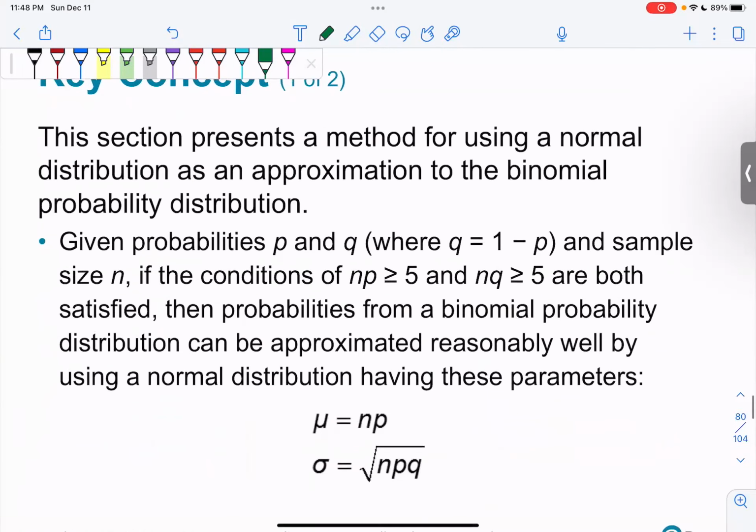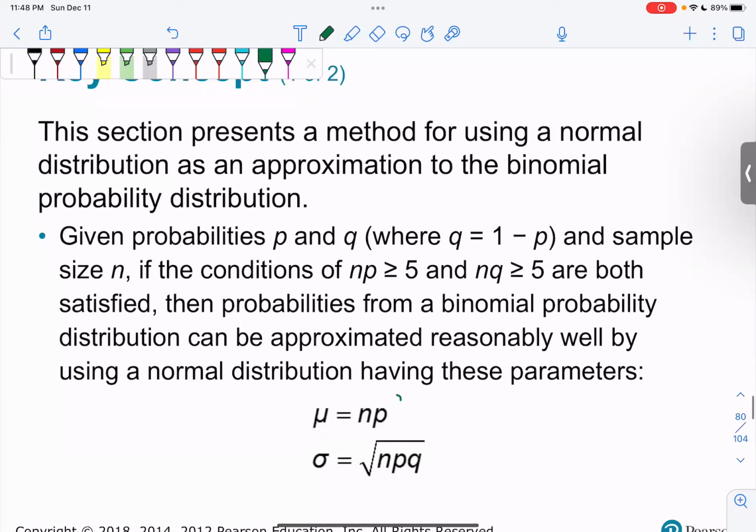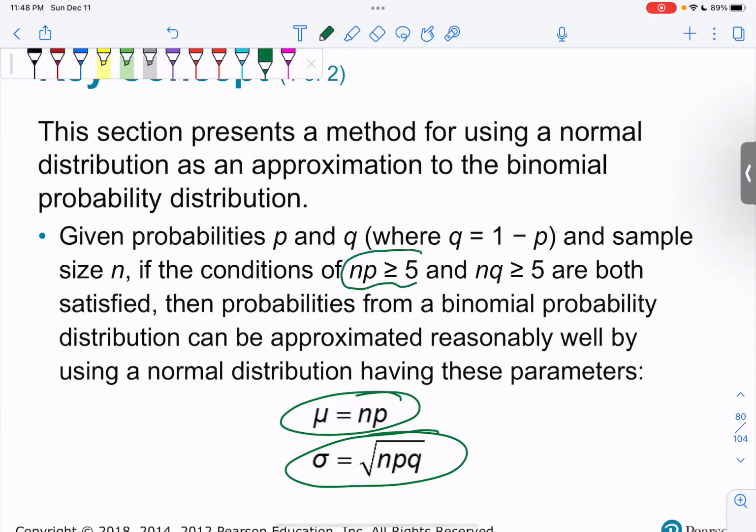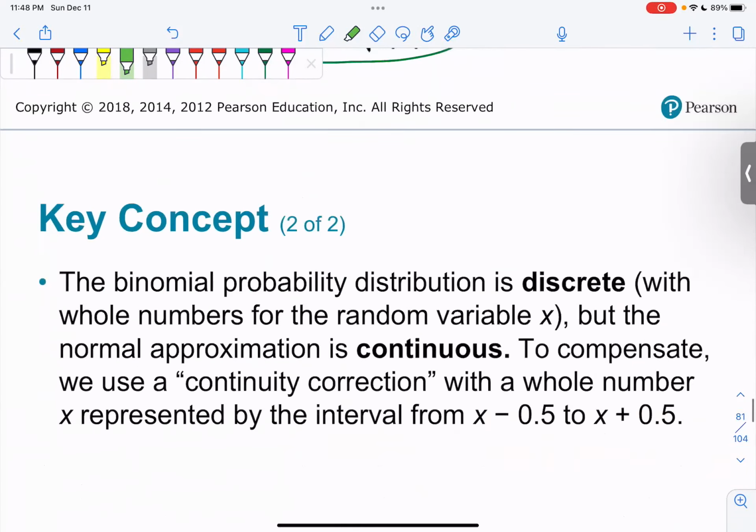So mu equals np for the mean, and sigma equals the square root of npq. Now, if we want to use this, np must be greater than or equal to 5, and nq must also be greater than or equal to 5. Okay, those are the requirements.